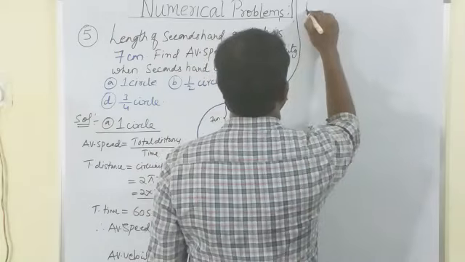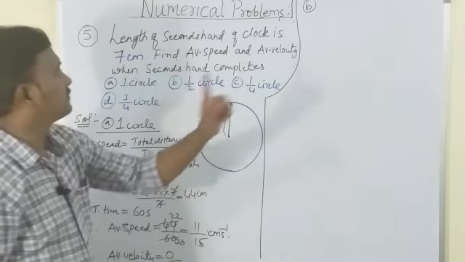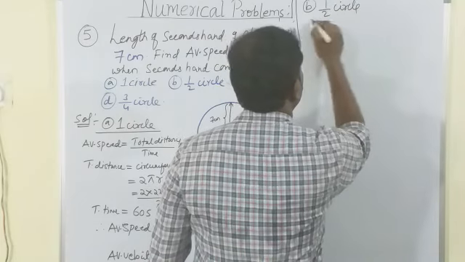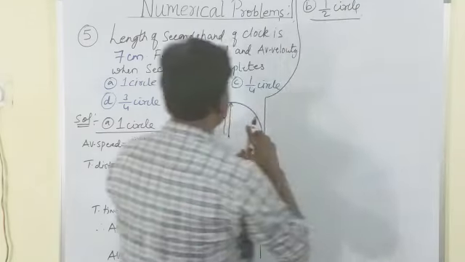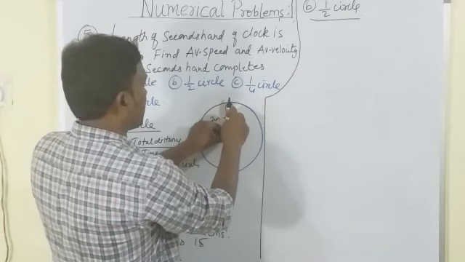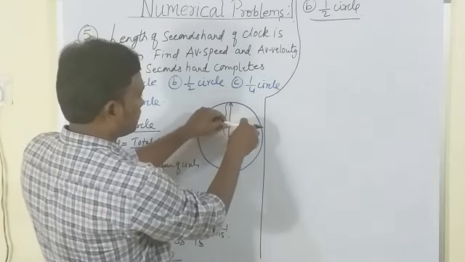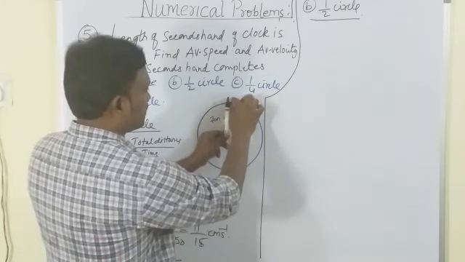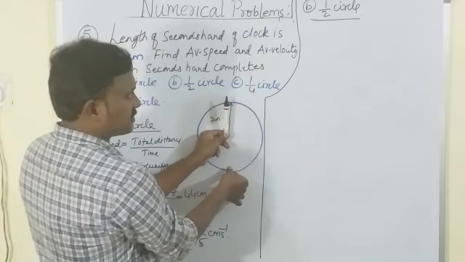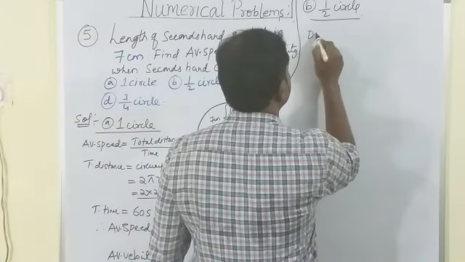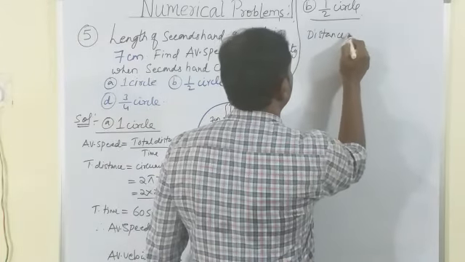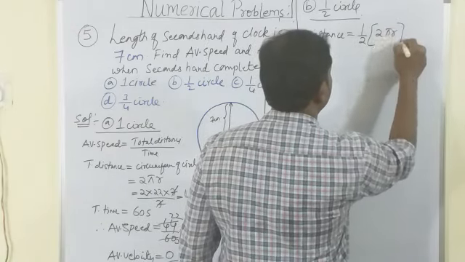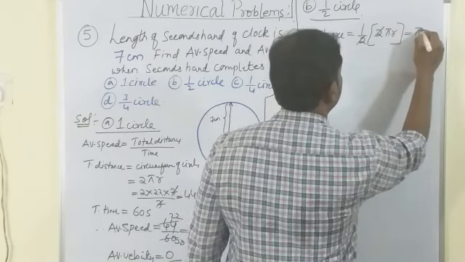Now, half circle. The seconds hand starts from here and ends here. So what is the distance? The distance is half of the circumference, that is half of 2 pi r, so you are getting pi r.